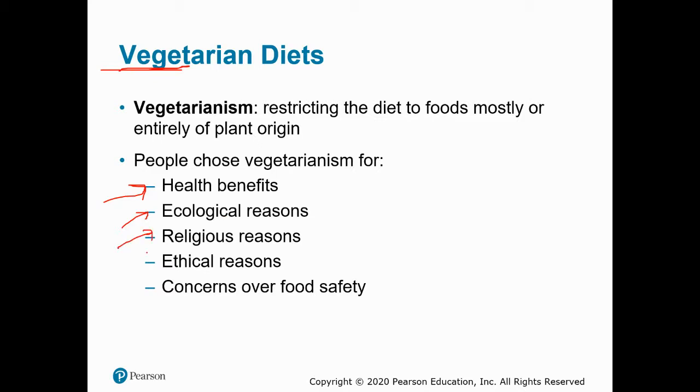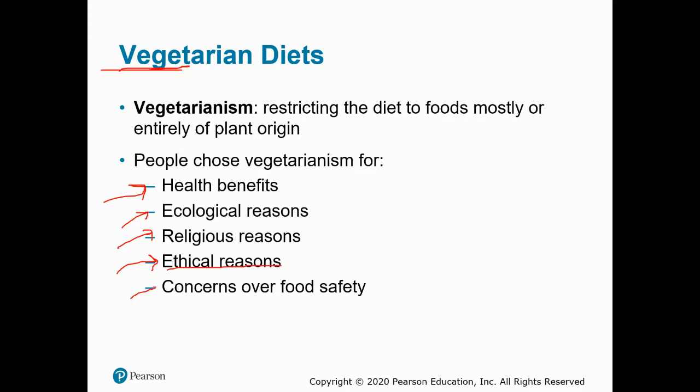Oftentimes there are religious reasons why someone might follow a vegetarian diet, also ethical reasons. For a lot of folks, we now live in an age where we have enough food to eat and eat very well without killing or harming other animals. So a lot of people choose a vegetarian or vegan diet to do less harm.